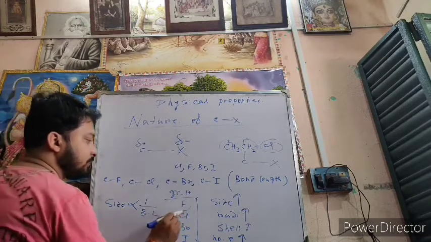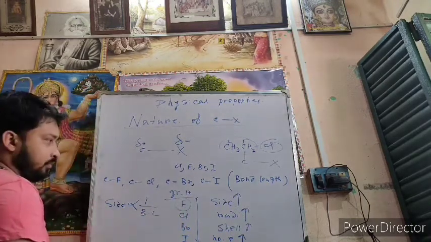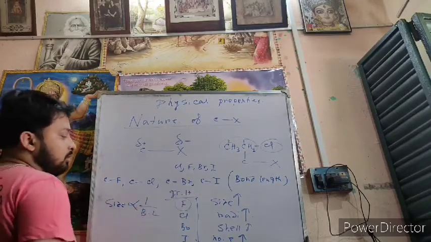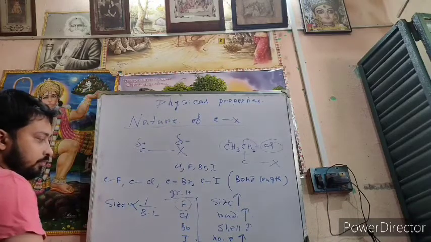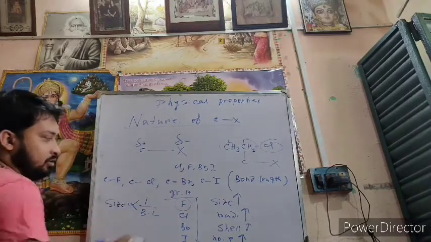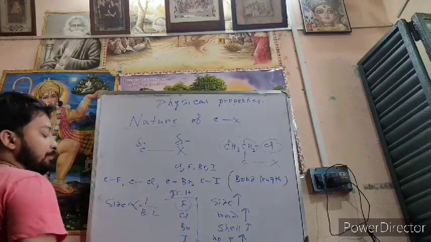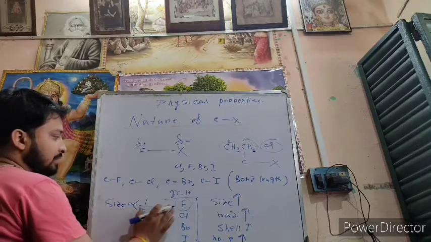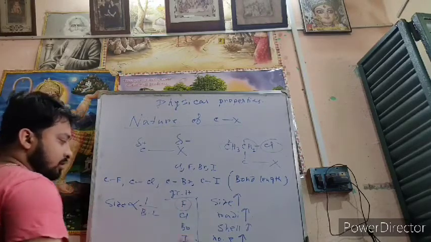So the size of the fluorine is very small. Therefore, the bond length of the carbon-fluorine compound is low, because the size of the fluorine is low.